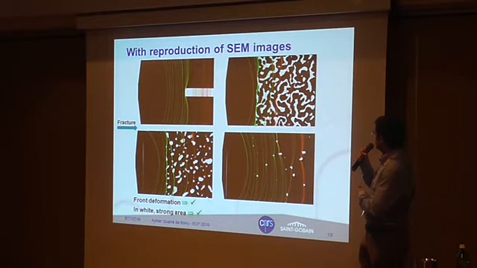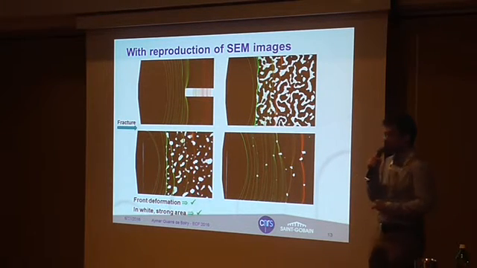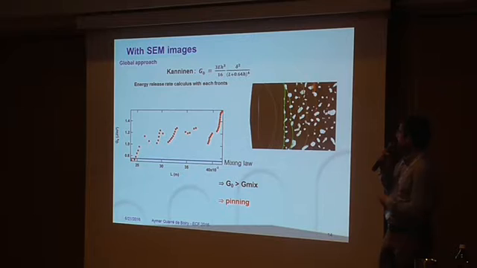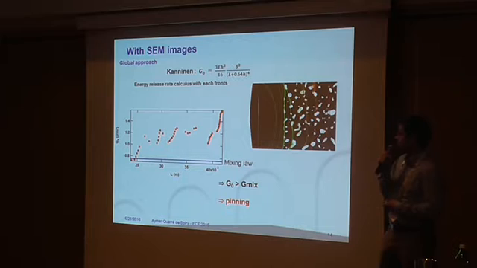We can see here the deformation of the crack fronts when they enter contact with the strong adhesion area. If we apply the Kalinin law, we can calculate the energy release rate for each front, and it's bigger than the mixing law, which accounts for the different areas of strong energy and weak energy.